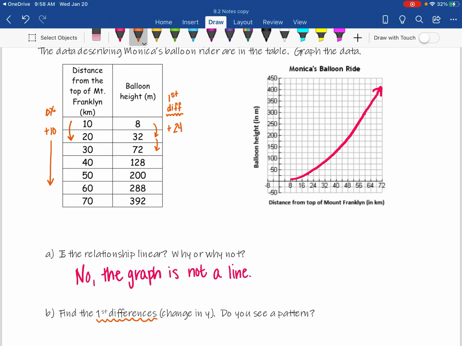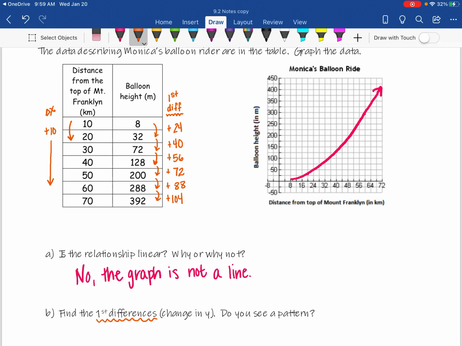Then I'm going to continue. 32 plus 40 is 72. 72 plus 56 is 128. 128 plus 72 is 200. 200 plus 88 is 288. And 288 plus 104 is 392.